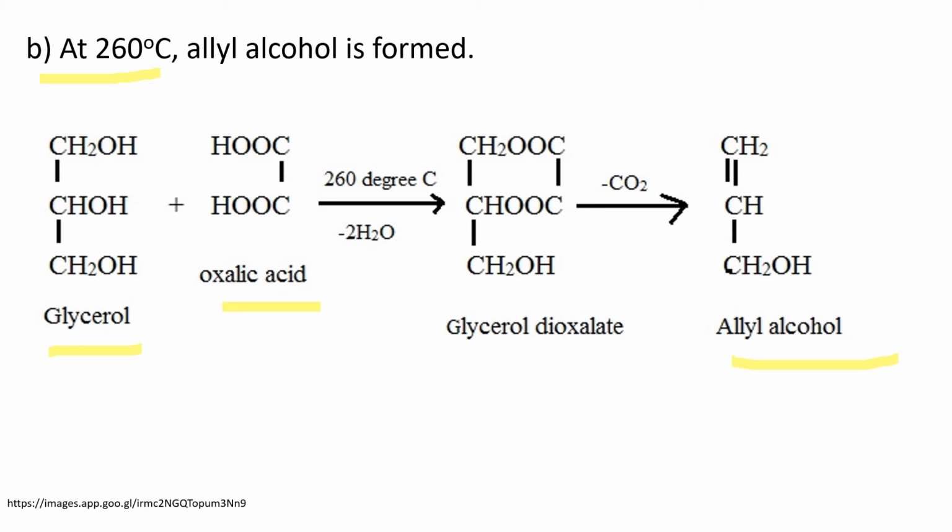So glycerol reaction with oxalic acid at 260 degrees Celsius forms glycerol dioxalate. This and further decarboxylation forms allyl alcohol. Okay, so at two different temperatures, two different conditions, this glycerol reacts with oxalic acid forming different products.